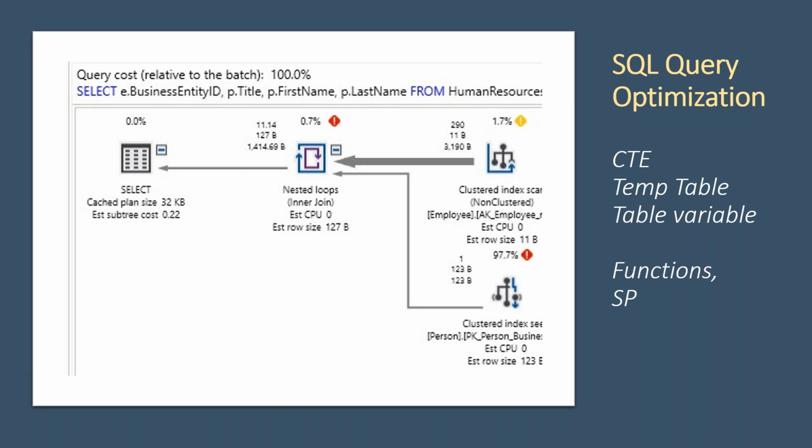We get whatever information we want from the main table and store it in a CTE, temp table or table variable. From that CTE, temp table or table variable, we can take the data and further continue on to achieve our targets.